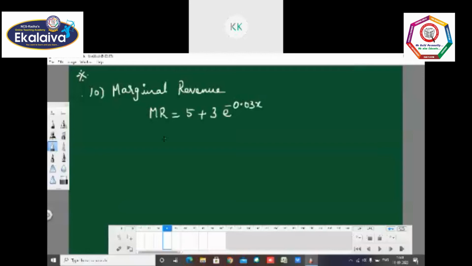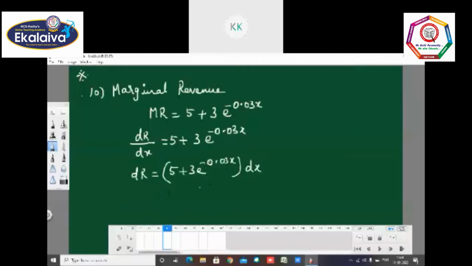See your book. Marginal revenue, MR, equals 5 plus 3 e power minus 0.03x. So MR is nothing but dr by dx.